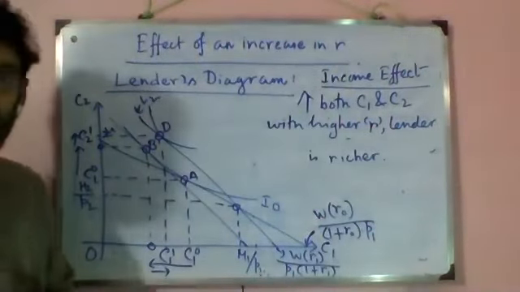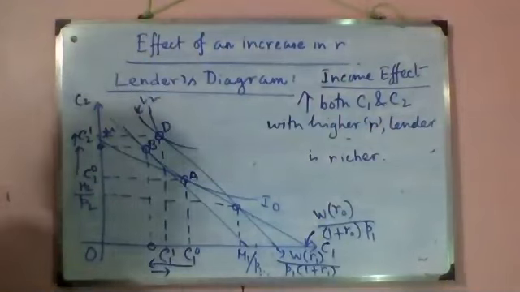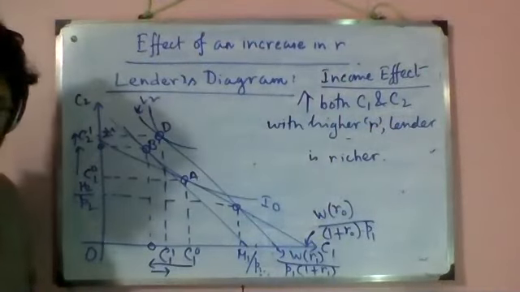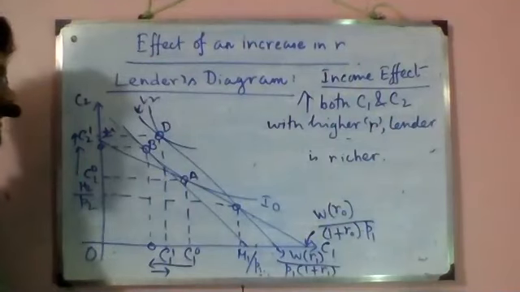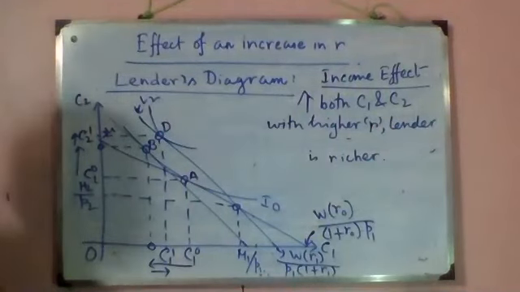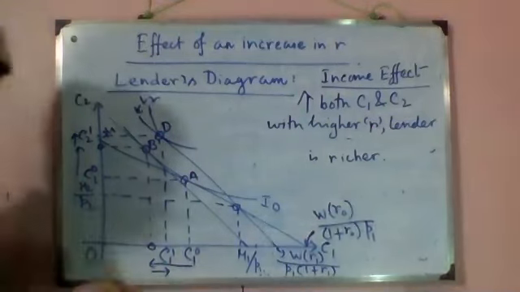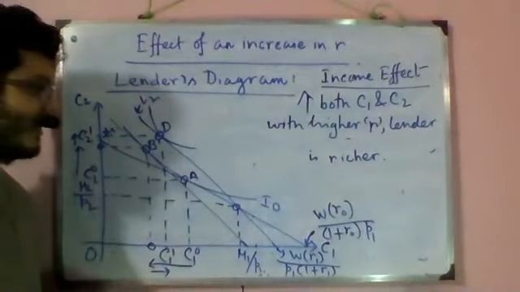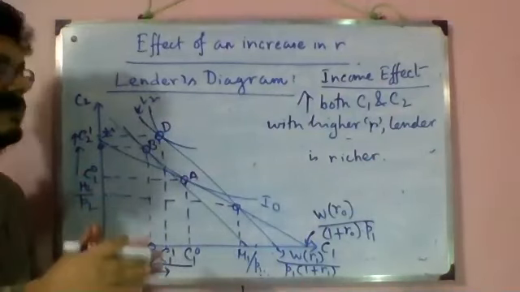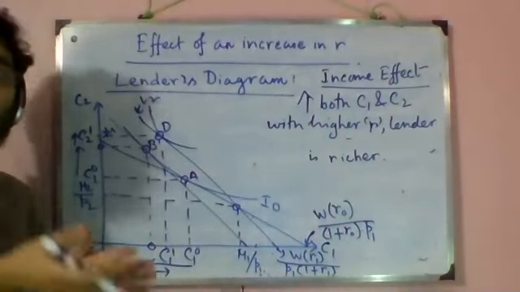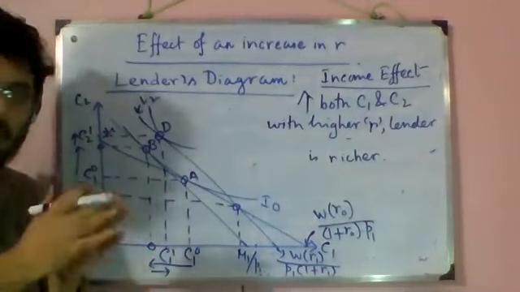Now just to keep it as general as possible, in consumer behavior we have always seen that we actually do not know whether in the end the substitution effect is going to dominate the income effect, or the income effect is going to dominate the substitution effect.